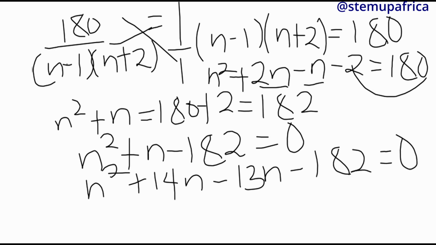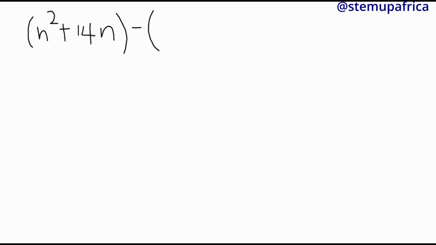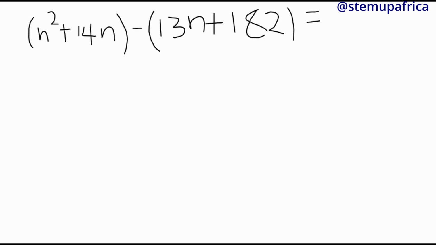Let's bracket the first two and also the last two. For the first two, I will have n squared plus 14n. Then bracket the last two: minus 13n, put bracket, 13n plus 182 is equal to 0.